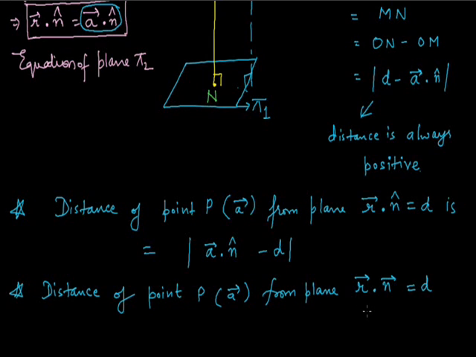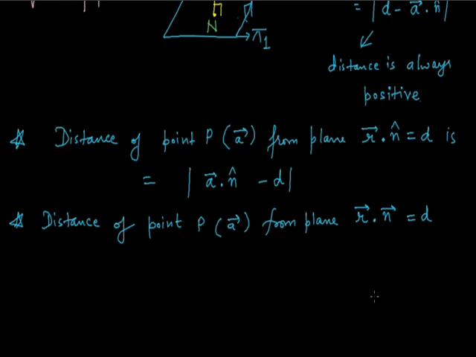So, in this particular case, the distance will be equal to mod of A vector dot n vector minus D, whole upon mod of n vector. This will be the distance of point P whose position vector is A vector from the plane whose equation is R vector dot n vector equals D.